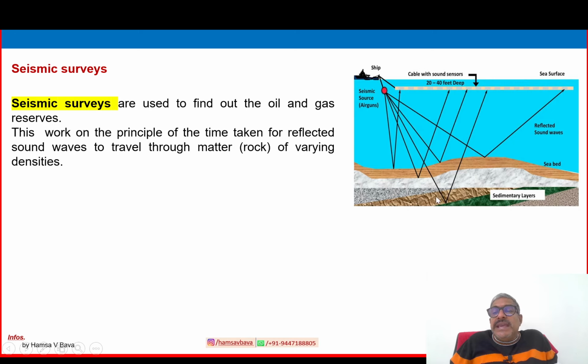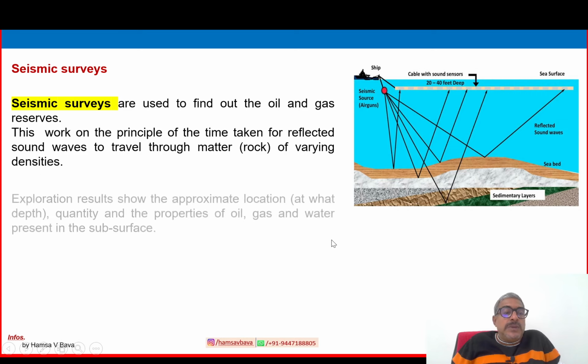You can see here the seismic survey vessel, with instruments and equipment, and they are using the survey procedure here. You see the various sound waves are moving here.